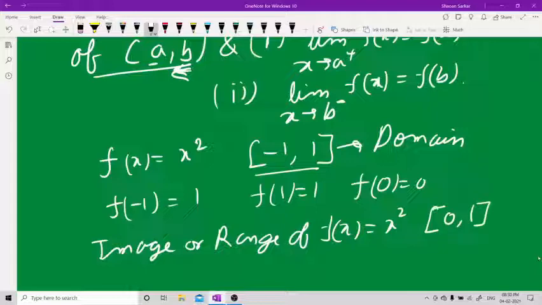See, the image of a closed and bounded interval is also a closed and bounded interval.